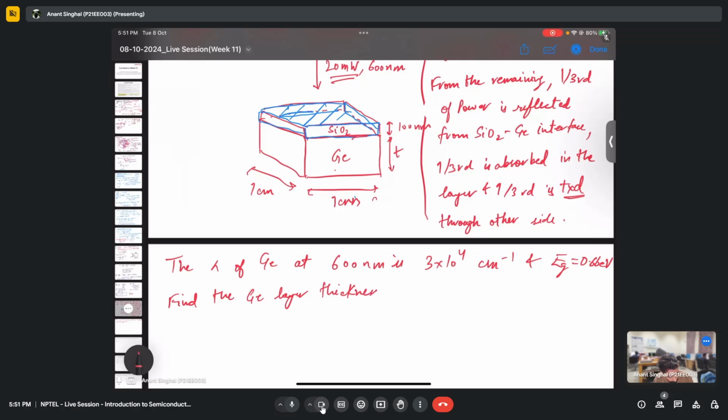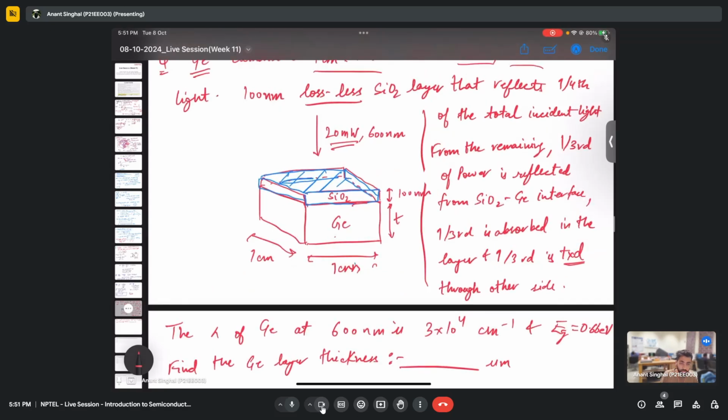This is exactly the same question as the first question, and you need to find it in micrometers. Do you understand the question? Any doubts? I can clear it right now, and then you can try. Any doubts in understanding this? No, sir. Okay, so maybe you can give it a try. You can take 2-3 minutes, and then I'll solve step by step.